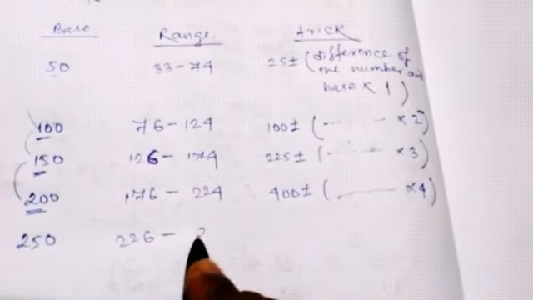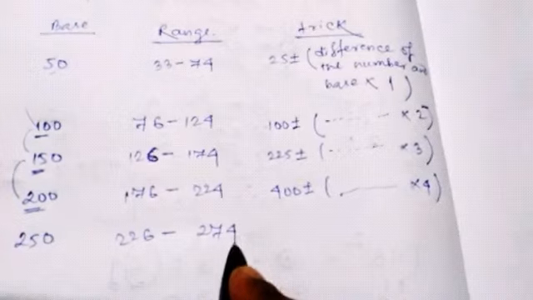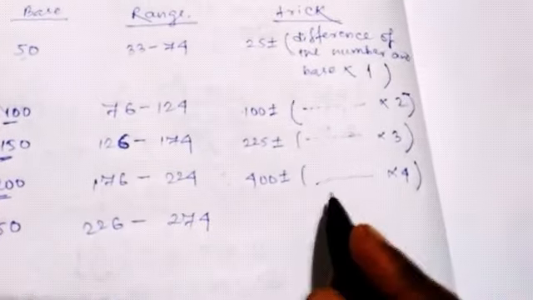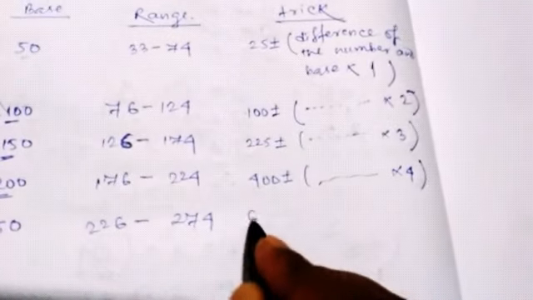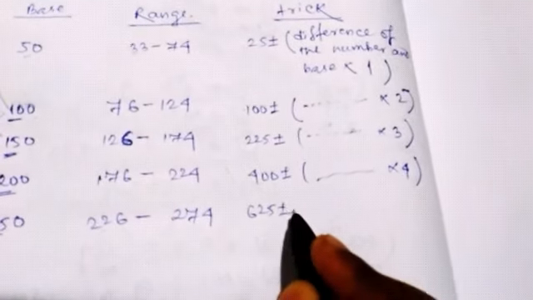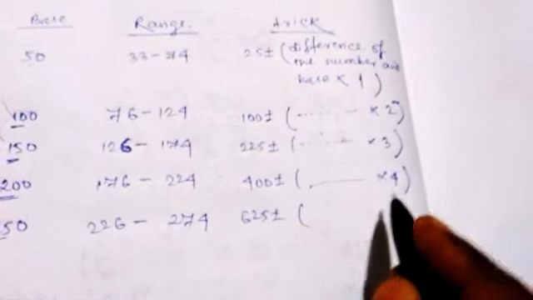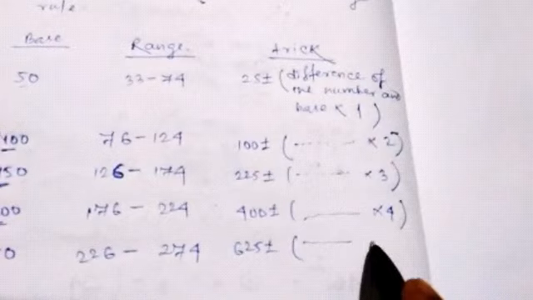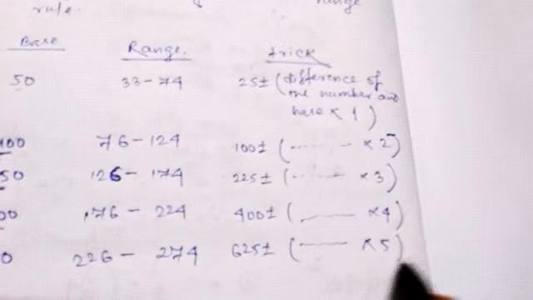And then we get 250 and the range will be 226 to 274, and the trick will be 25 square, that is 625, plus minus the difference of the number and the base into 5.